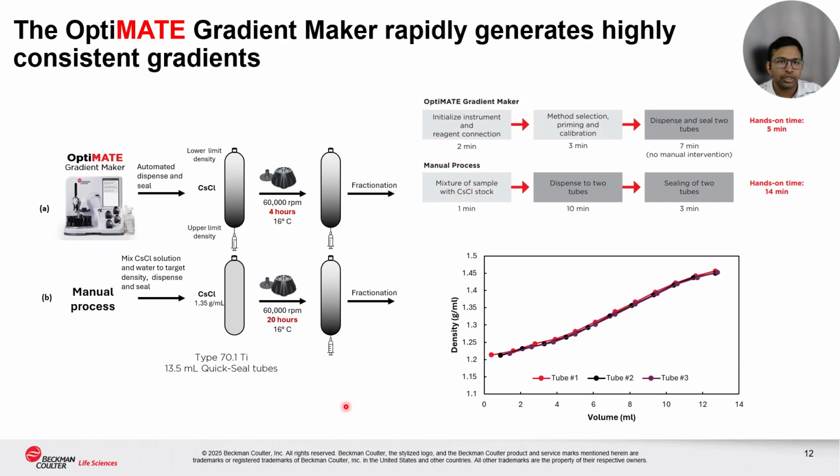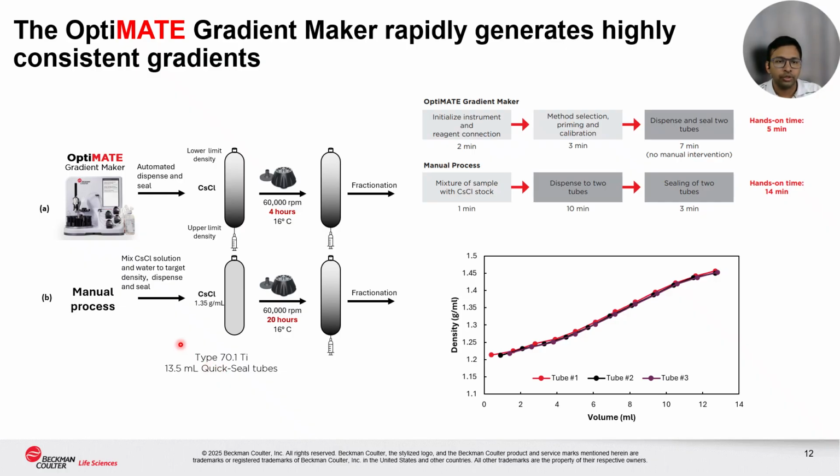Here we compare a manual cesium chloride gradient tube generation process and the OptiMATE process. For the manual, you mix a cesium chloride solution with sample. We use water here. And you dispense it, in this case, into 13.5 ml quick seal tubes that will go into a type 70.1 TI rotor.